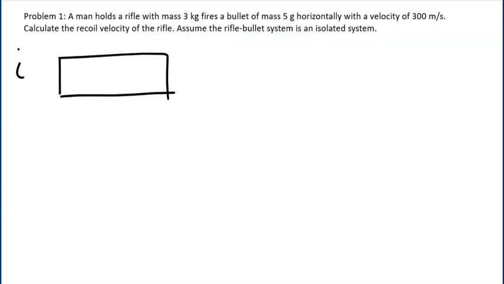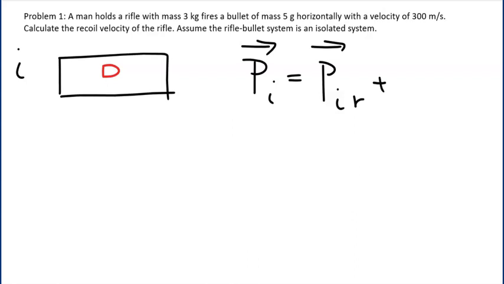So this is the rifle, and you have the bullet inside. So the initial linear momentum of the system consists of the initial linear momentum of the rifle plus the initial linear momentum of the bullet. And none of them are moving, so they are just zero.